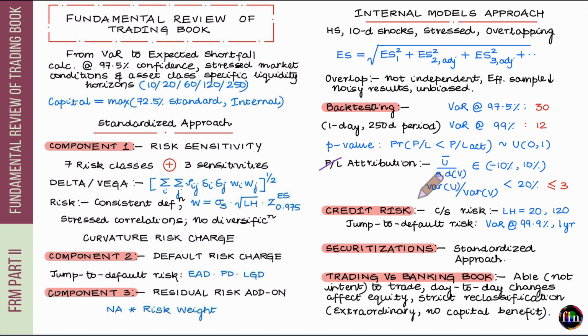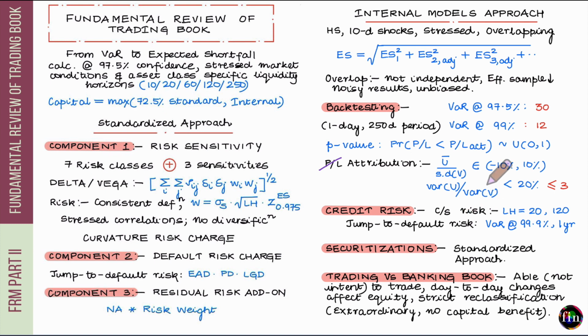Okay, then when it comes to jump to default risk, this will be captured by computing something like an incremental default risk charge, which essentially is the credit VAR computed at 99.9% confidence and 1 year horizon. So essentially what we are saying is that the incremental risk charge which the Basel 2.5 introduced has been changed to these stipulations.